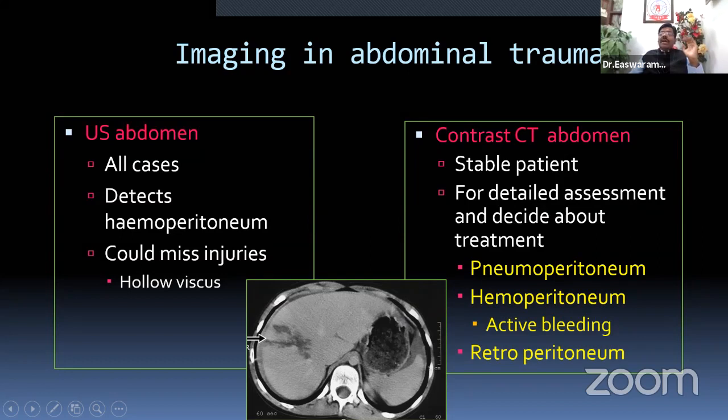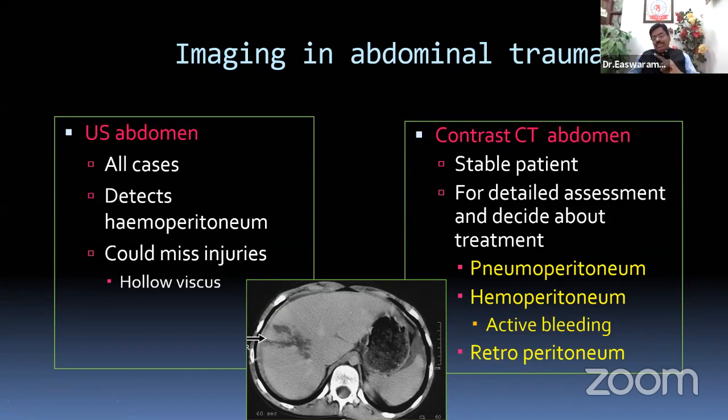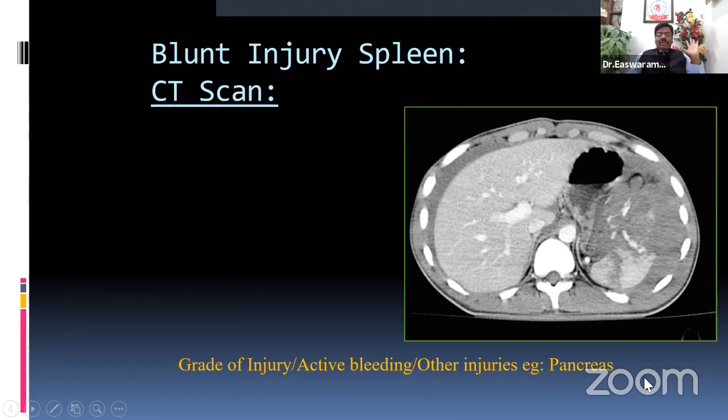Because of all this, if the patient is stable enough to be wheeled to the CT room, you can do it. If the patient is unstable, don't do CT. After ultrasound the patient goes straight to OT. So CT is done only if the patient is stable. That is a very important thing.